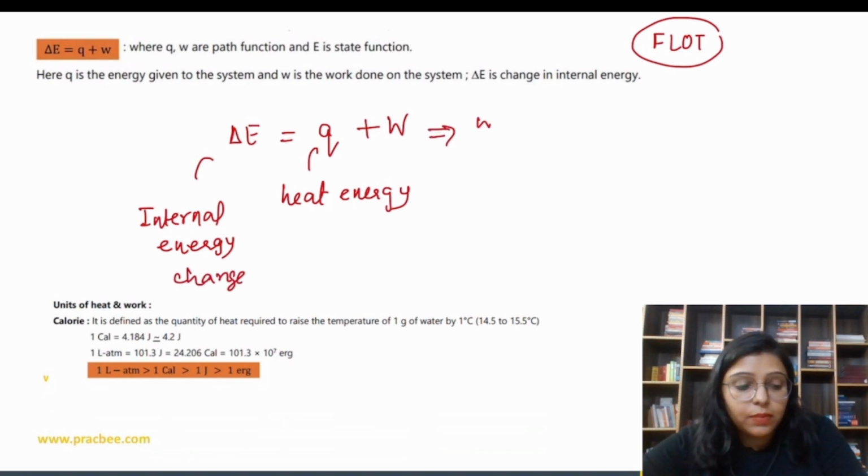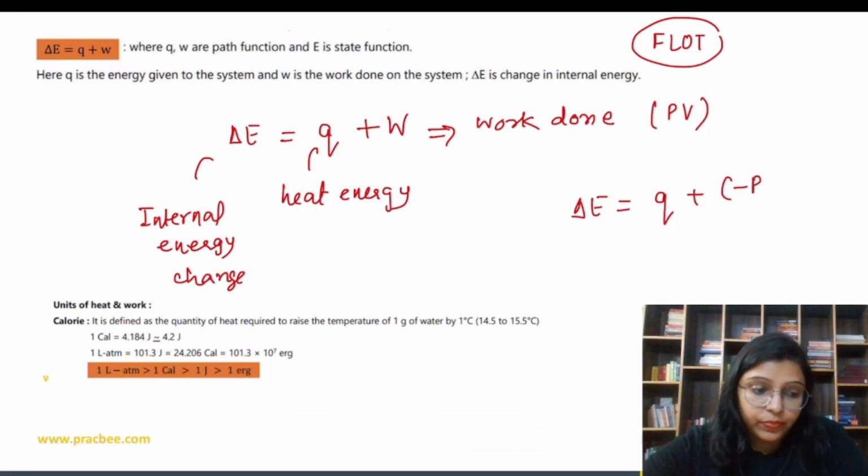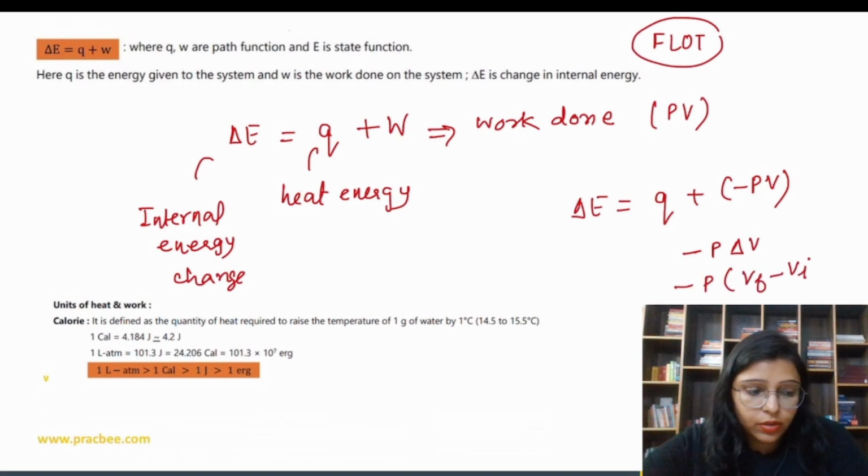So in thermodynamics, work done is actually PV work done. We have to take the mechanical work done. So we can write delta E is equal to Q plus minus PV, right? Why are we taking minus PV? That is, minus P delta V. So here minus P (V final minus V initial), right?